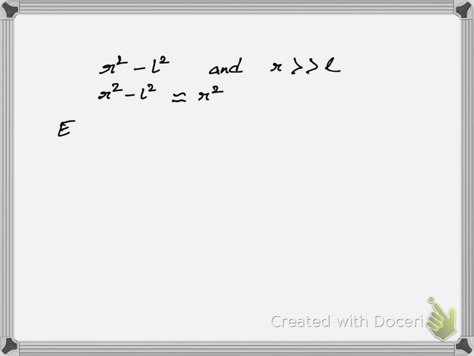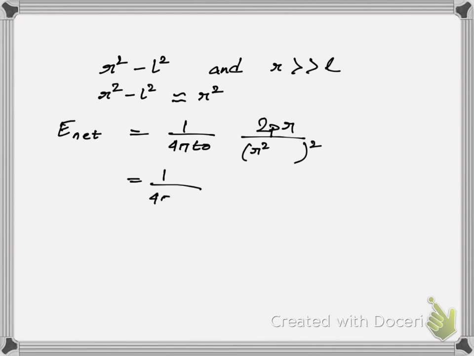So substituting it in the expression of E net, 1 by 4 pi epsilon naught, 2pr, r square minus L square whole square. In the denominator we can just write r square minus L square as r square. So this can be further simplified as 1 by 4 pi epsilon naught, 2pr by r to the power 4.